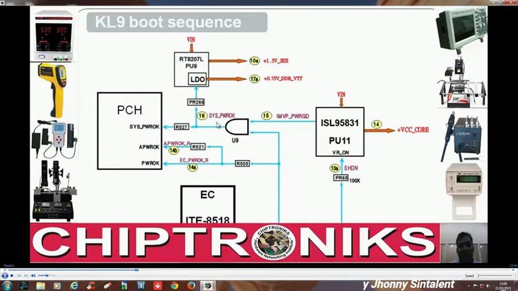So both of them are ANDed together, and it's going to SYS power OK, and this SYS power OK is also going to the 1.5 voltage regulator to generate an LDO voltage of 0.75. This is very important. You can see the 1.5 underscore SUS is generated in step 10A, whereas the same voltage, the LDO voltage, is generated around 7 steps after, and this is the termination voltage.